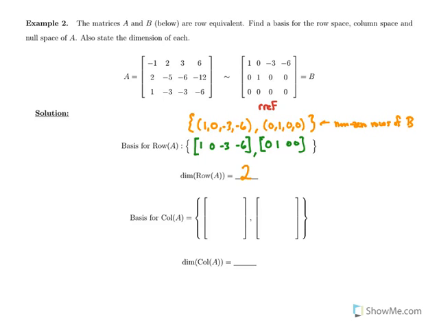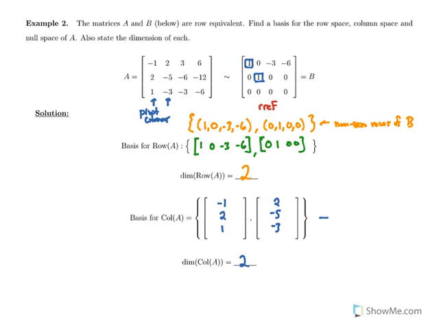Now for the column space of A, we're going to look at the pivots of the row reduced echelon form, and these correspond to the pivot columns of the original matrix, and we do want to use the original matrix A here, and those columns form a basis, (-1, 2, 1) and (2, -5, -3), for the column space of A. And in this case, we have two vectors in the basis, so the dimension of the column space will be 2.